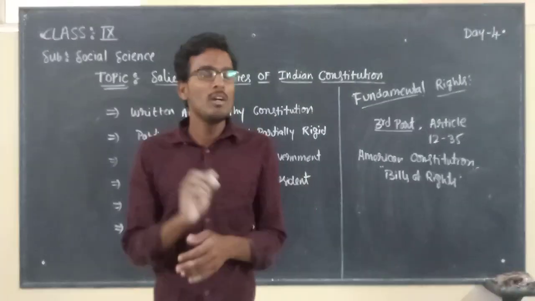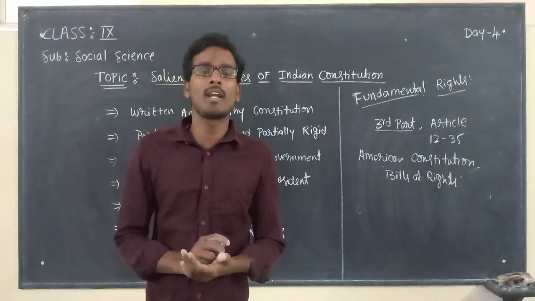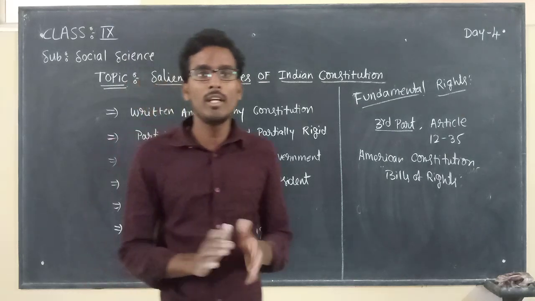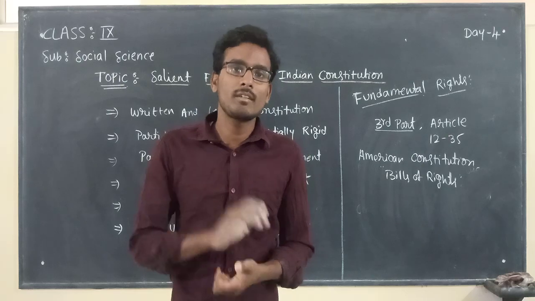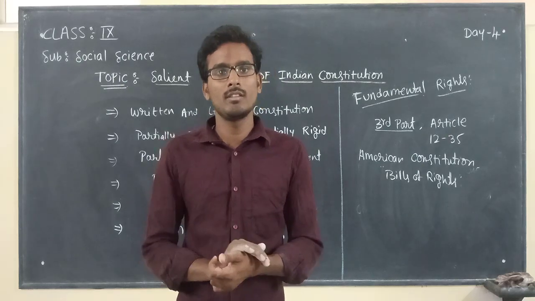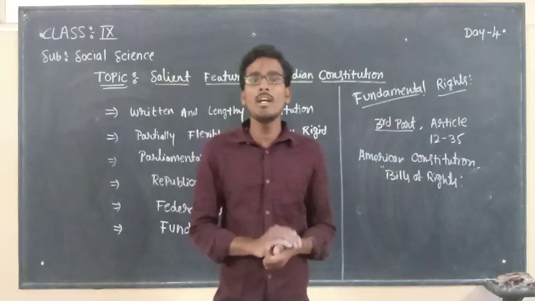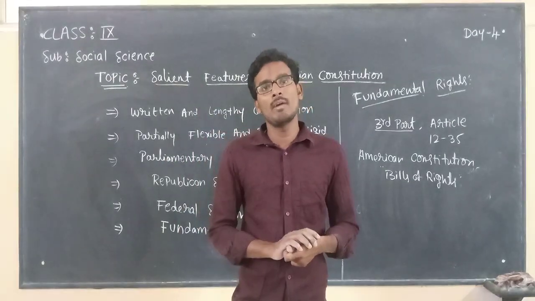Children, I told you fundamental rights are the basic rights given by the Constitution to the citizens. You can protect your fundamental rights through the Supreme Court. So the Supreme Court is the protector of our fundamental rights.